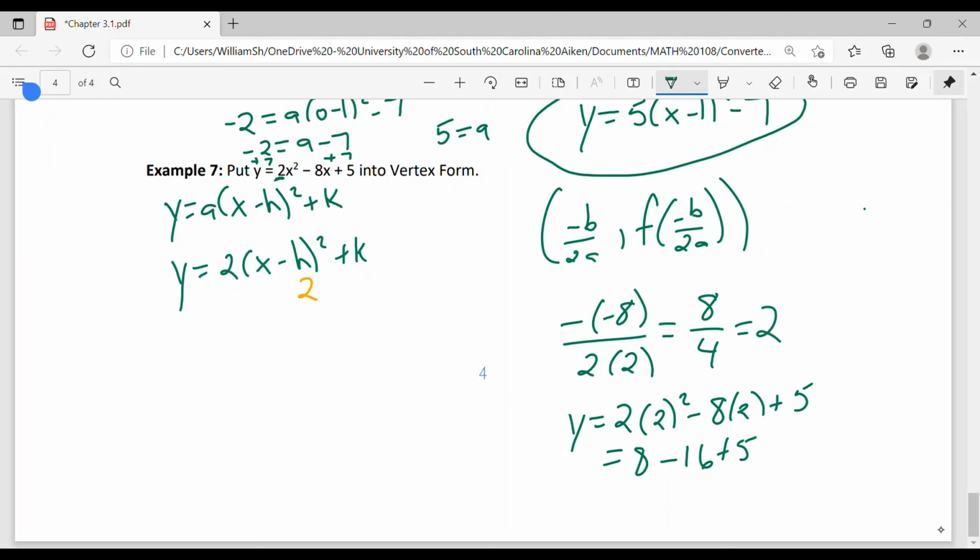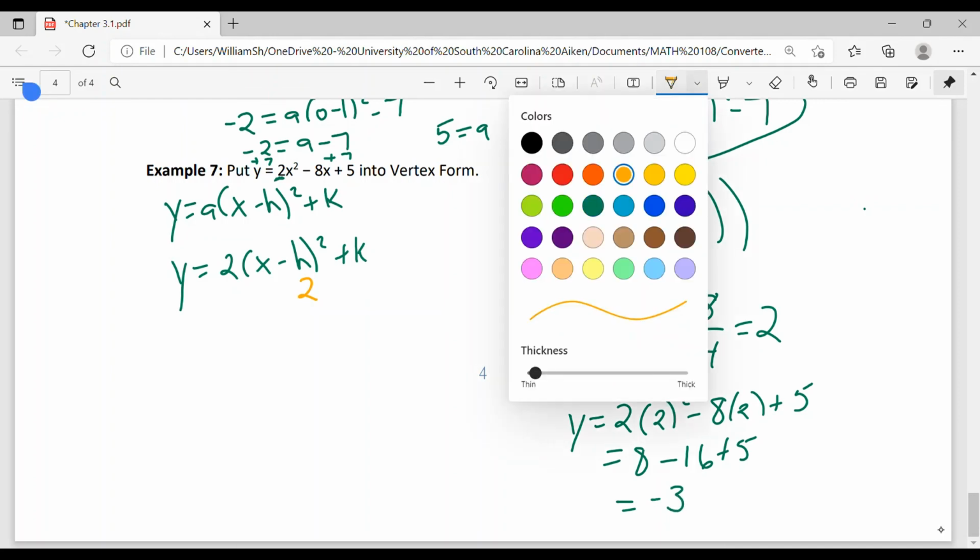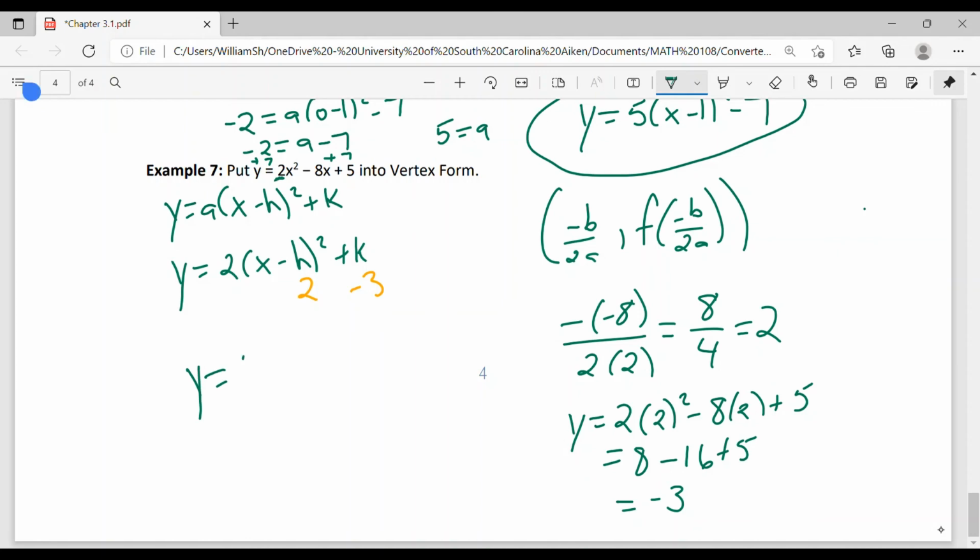Now 8 minus 16 is negative 8. Negative 8 plus 5 is negative 3. So my k now is just negative 3. So if I write my vertex form, it's going to be y equals 2 times x minus 2 squared minus 3. And we're done.